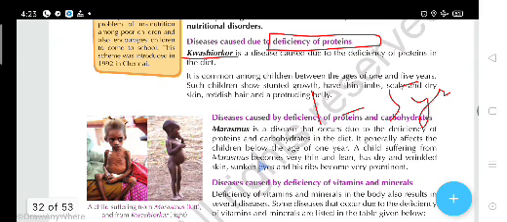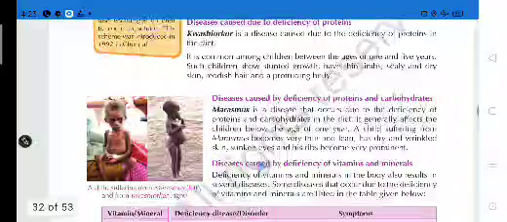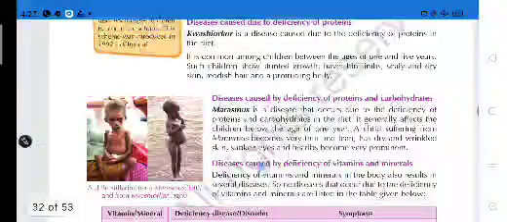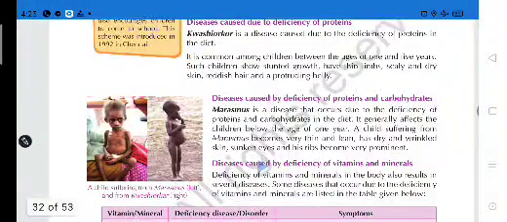Such children show stunted growth. This disease affects your growth and causes thin limbs, scaly and dry skin, reddish hair and a protruding belly. Students, you can see a picture here.